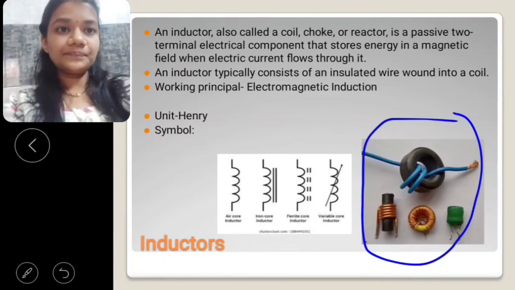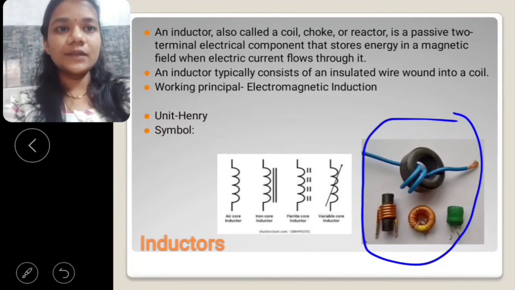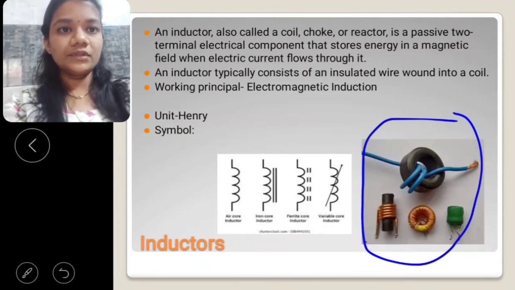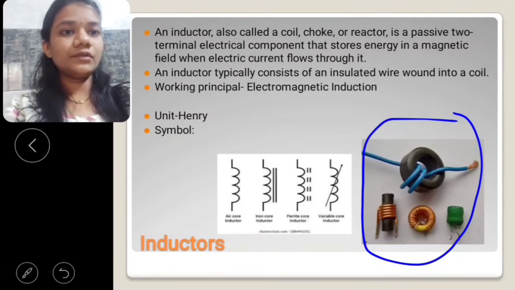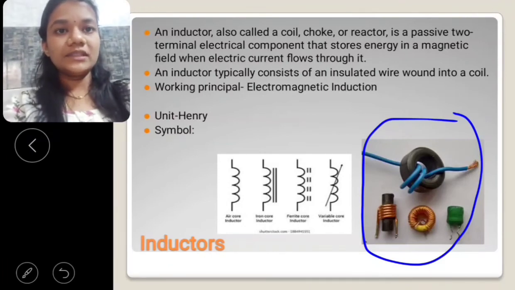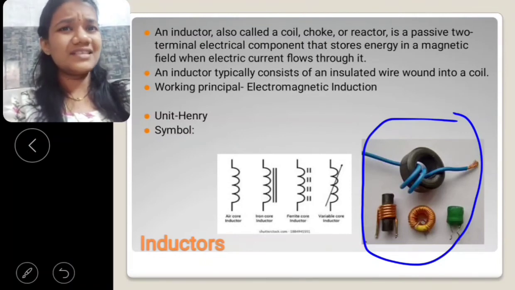What is an inductor? It is a component that stores energy in a magnetic field when electric current flows through it. So this is one image of an inductor. We can call the inductor a choke or coil, or we can say it's a reactor.